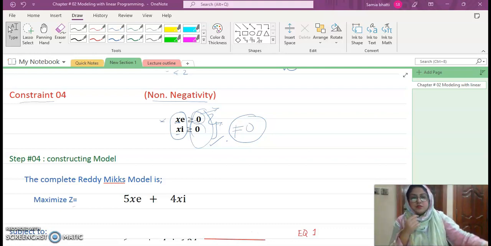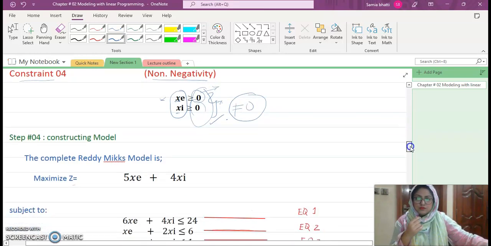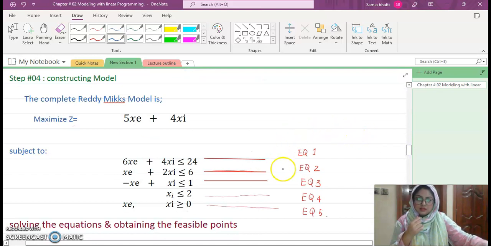In construction of the model, the necessary step is to bring all the equations that we have together in one place. So now, maximize z, that is the objective function, which we represent as 5xe plus 4xi, subject to all of these equations, or the constraints.